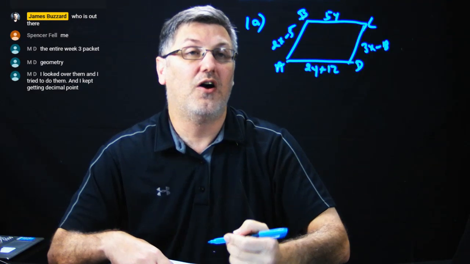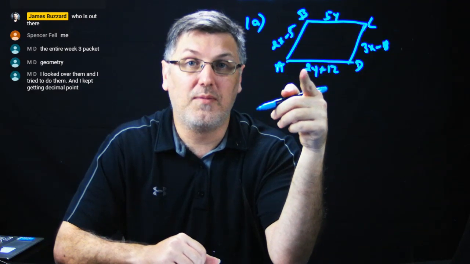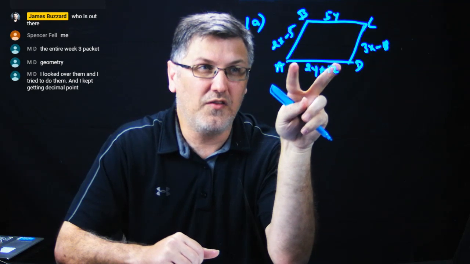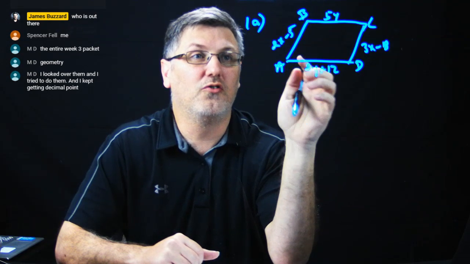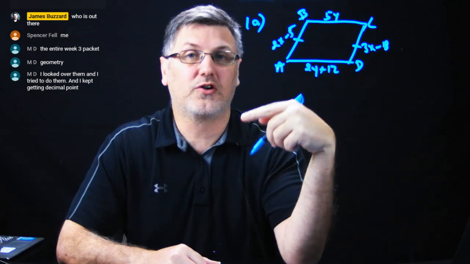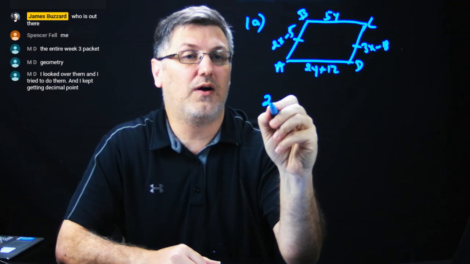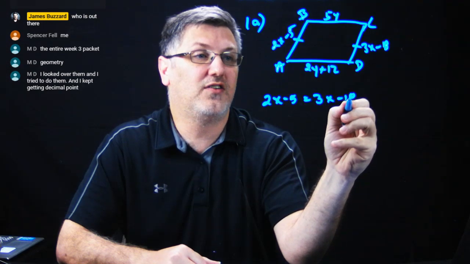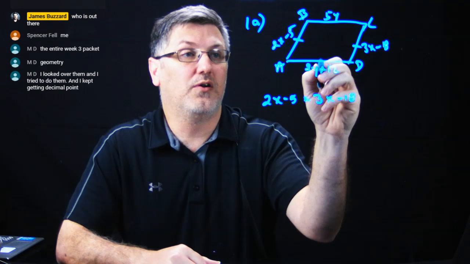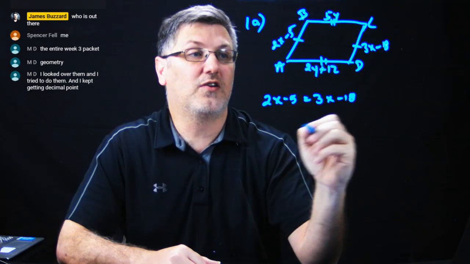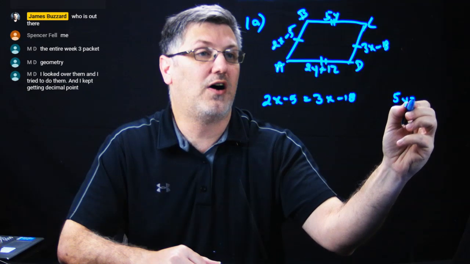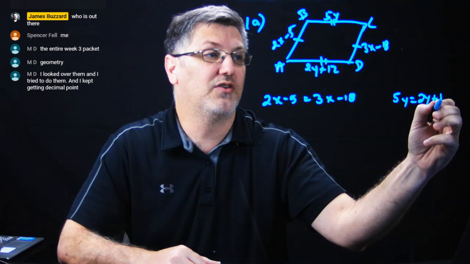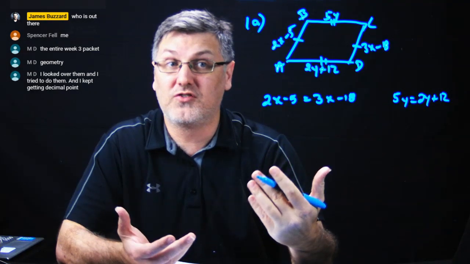To find the values of x and y that make this a parallelogram, because opposite sides have to be congruent, and congruent means an equal sign, I can say 2x minus 5 equals 3x minus 18, and we'll solve this one. Also, these opposite sides have to be congruent, so 5y equals 2y plus 12. From here it's just algebra.